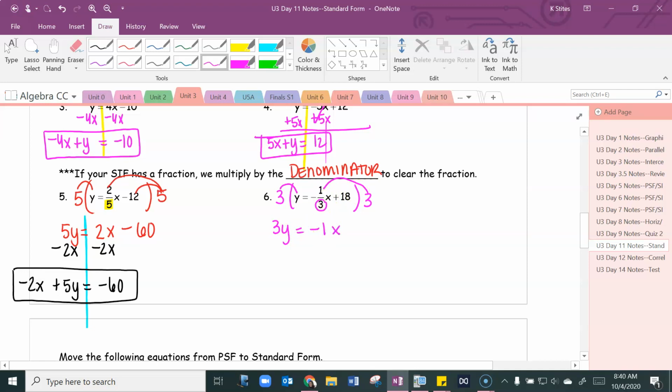And 3 times 18 is 54. Once that fraction is gone, we just want to get x and y together, so I will add my 1x on both sides. So this is 1x plus 3y equals 54, and there is your standard form.